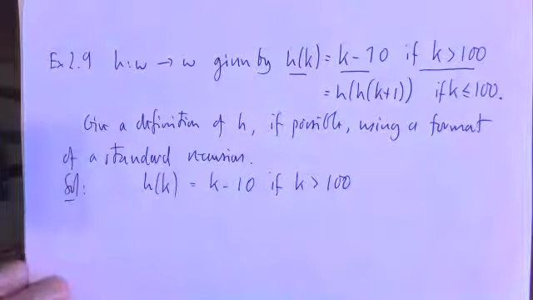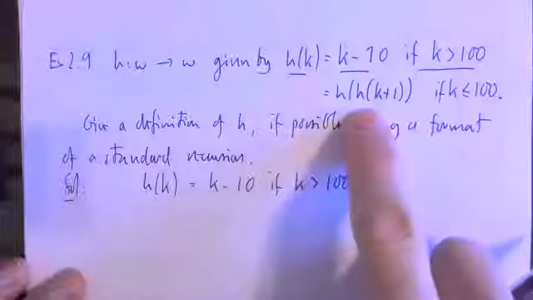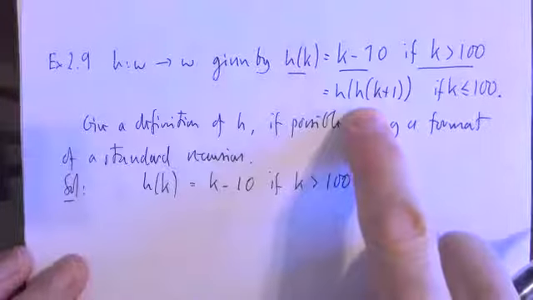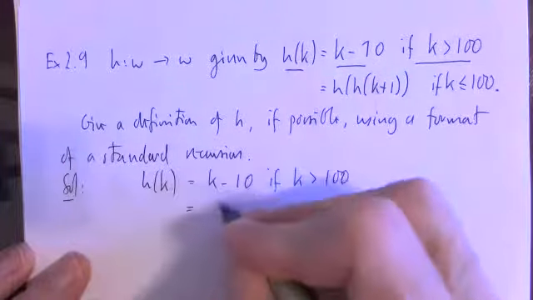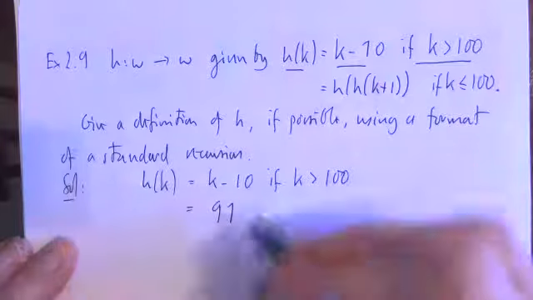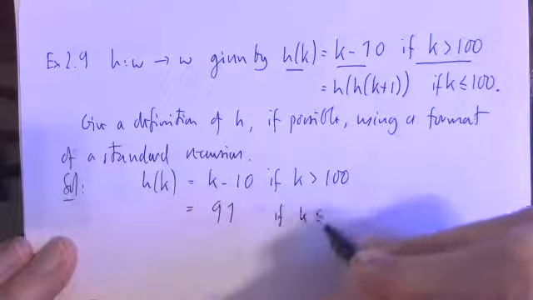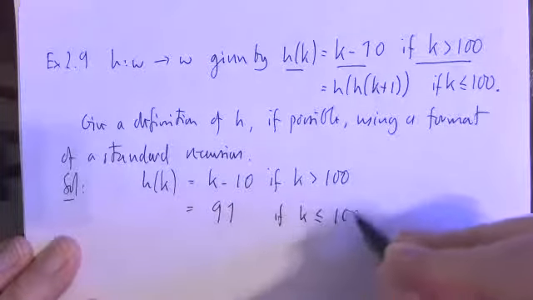But if you play around with this, all that can happen is that h of k is constantly 91 if k is less than or equal to 100.